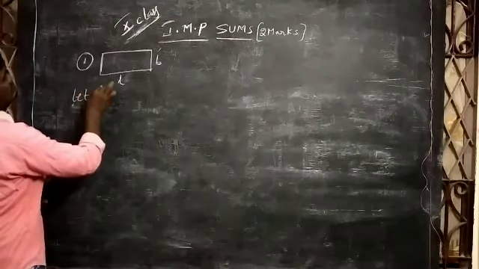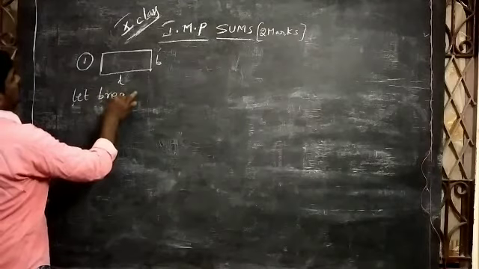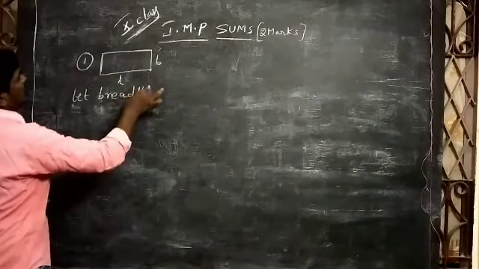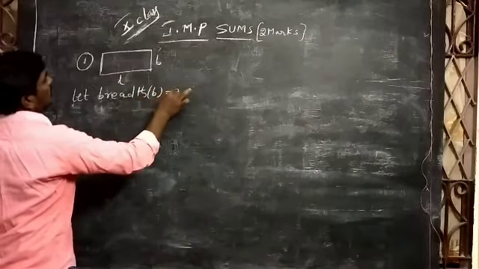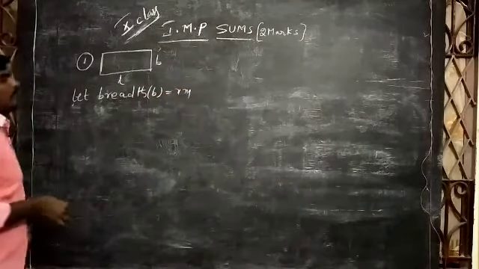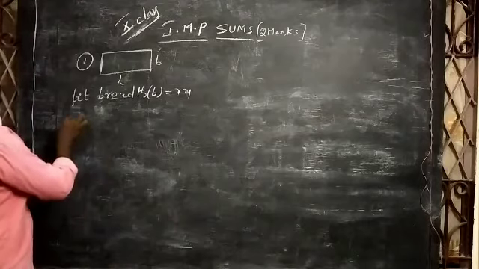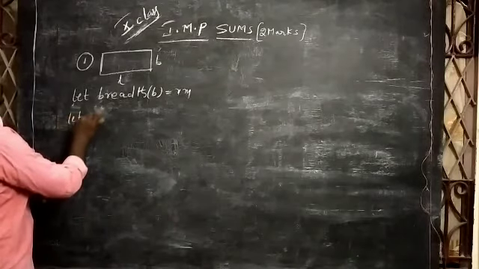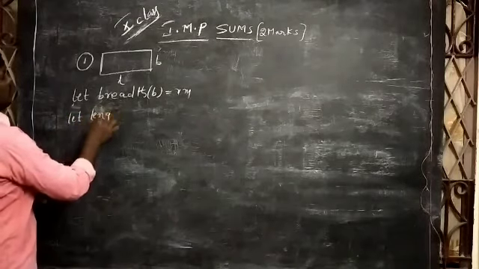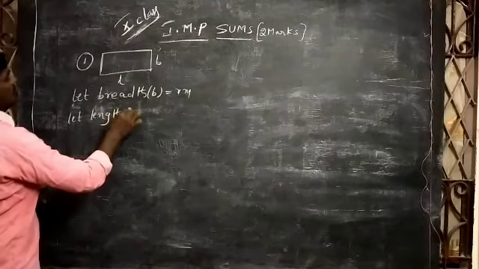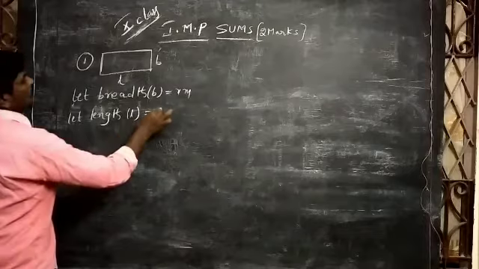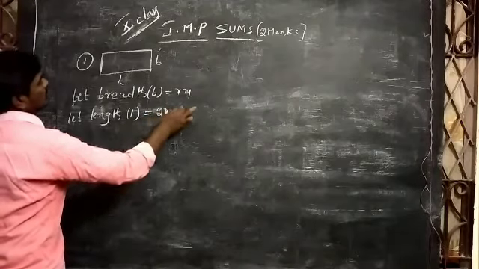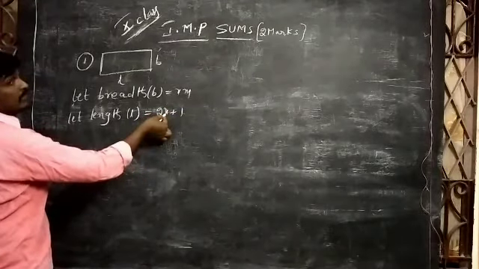Let the breadth of the rectangular plot be x meters. And let the length L of the rectangular plot be 2x plus 1, because it is 1 more than twice its breadth.